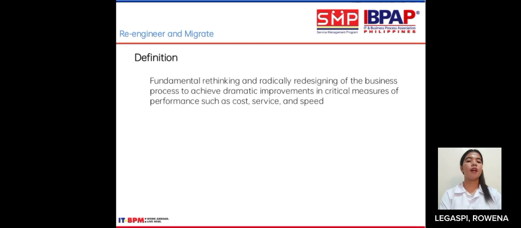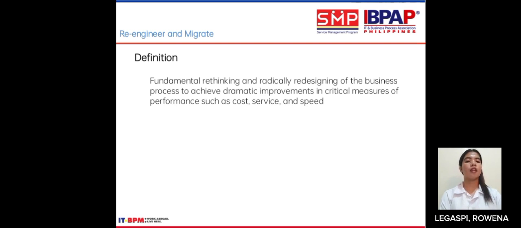So BPR challenges organizations to question established practices, break down silos, and identify innovative ways to improve overall performance. It focuses on eliminating unnecessary steps, simplifying complex processes, automating manual tasks, leveraging technology, and streamlining workflows.